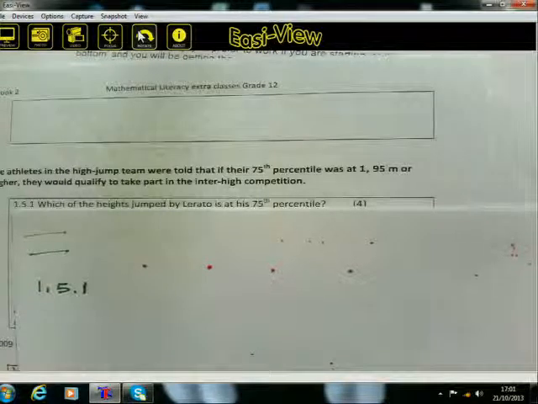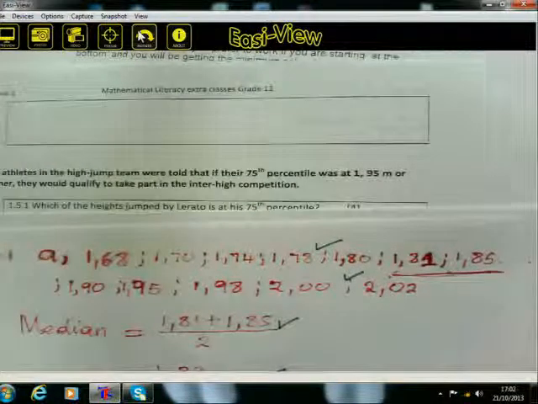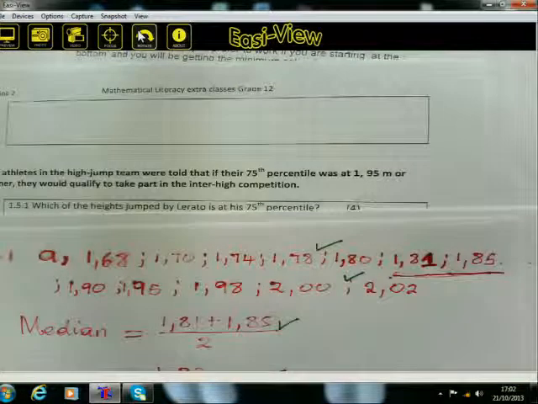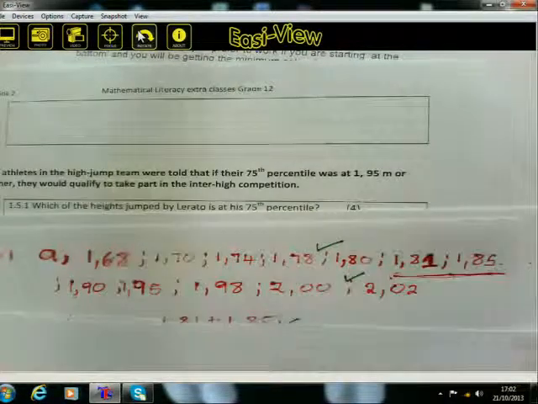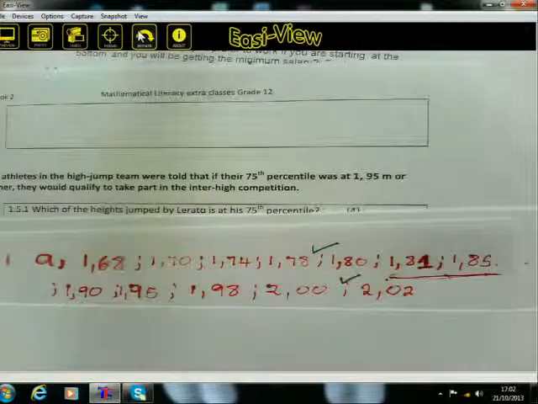So let us read it. Which of the heights jumped by Lerato is at his 75 percentile? Okay, let us go back, whereby you have arranged your data in order. So let us check.